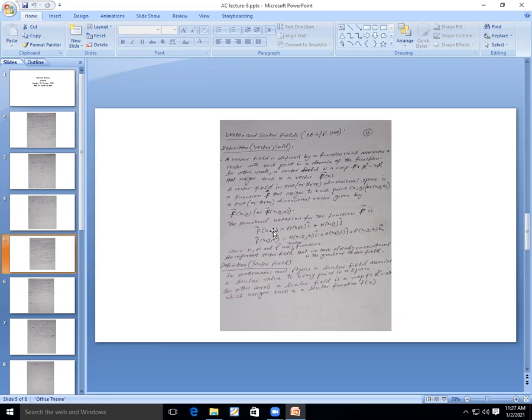So a vector field in two variables is defined as M(x, y) i vector plus N(x, y) j vector, but here M and N are both functions in two variables.